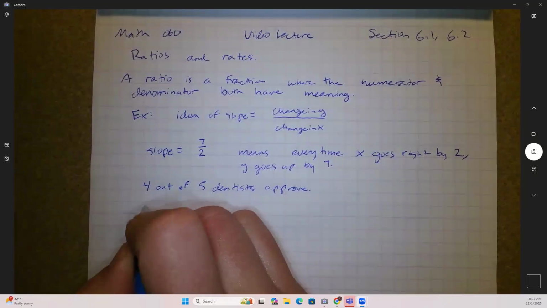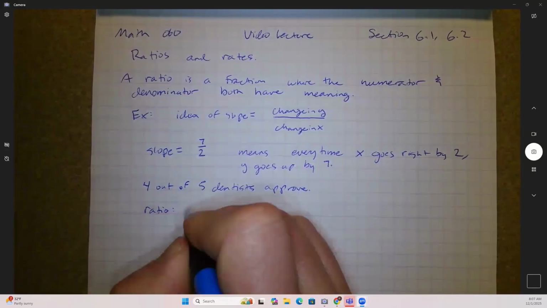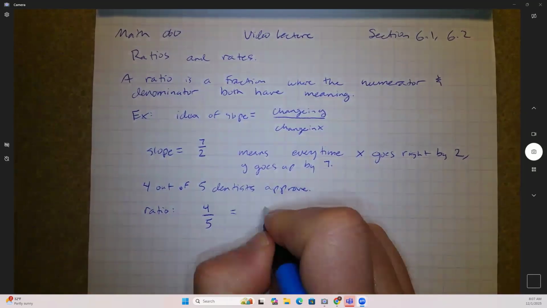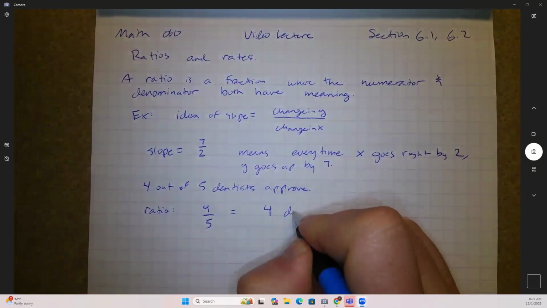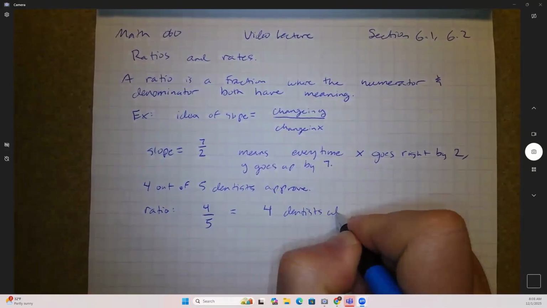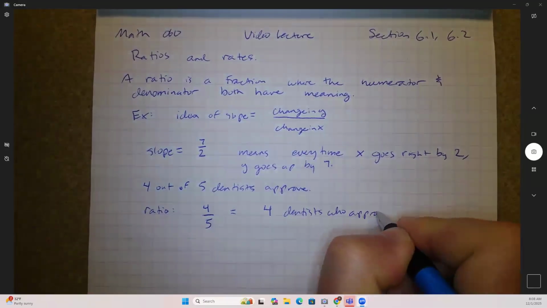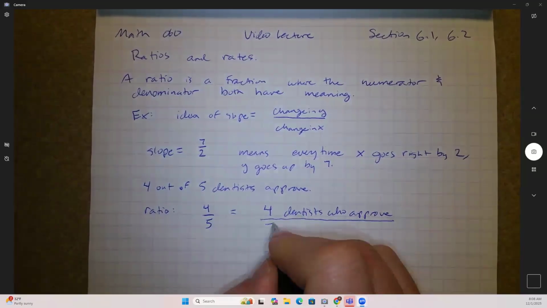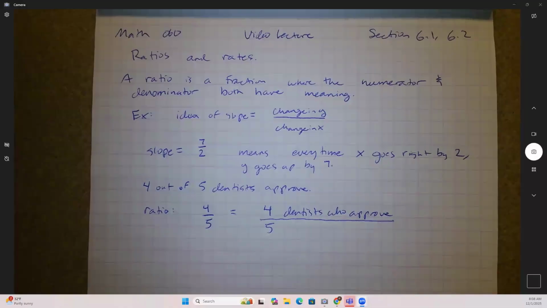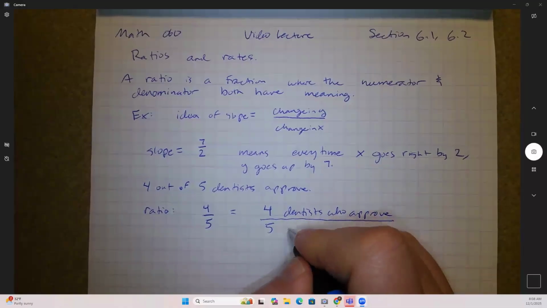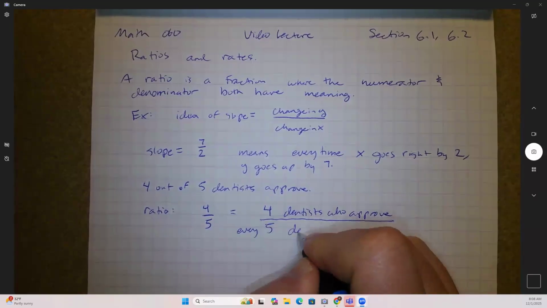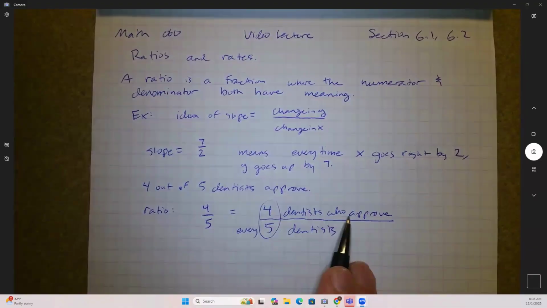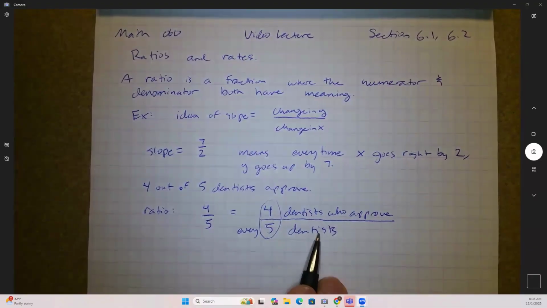The ratio here is 4/5, where 4 are the dentists who approve, out of 5, and it's really every 5 dentists. 4 dentists approve out of every 5 dentists.